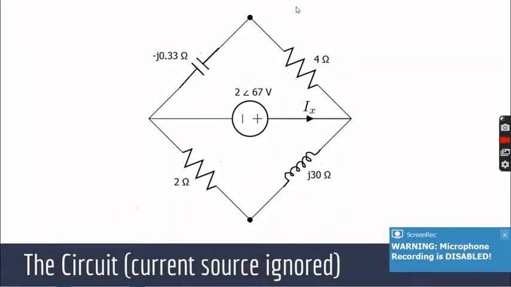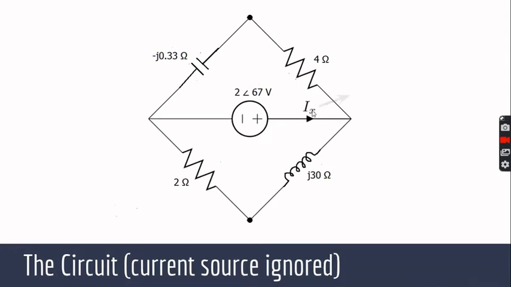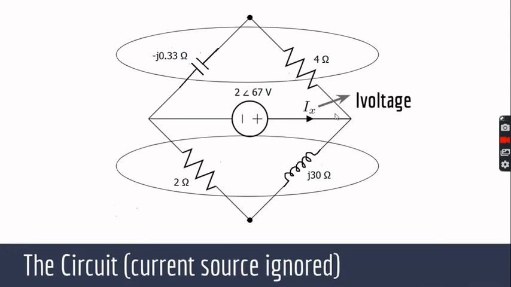Okay, now we've only looked at this part after we cancelled out the current source. As you can see here, we want to find Ix over here, which now we've labeled as I voltage, just because this circuit will be impacted only by the voltage source and the other materials in this area.